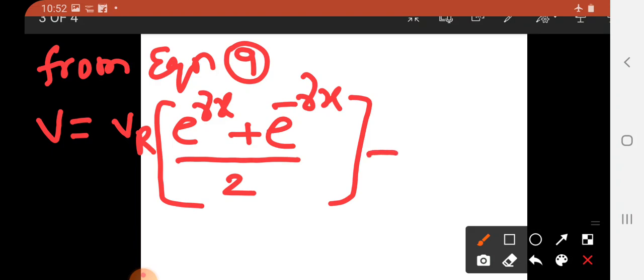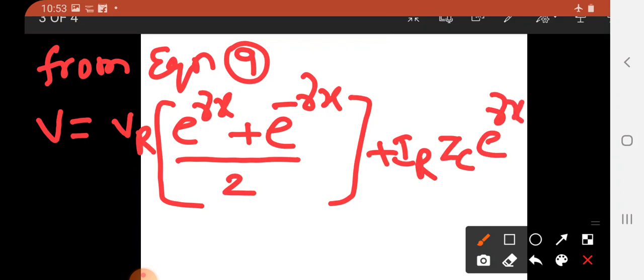Taking IR common, we have ZC into e power gamma x minus e power minus gamma x by 2.